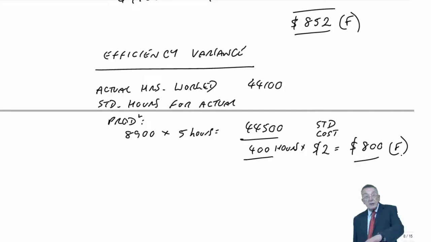And there we are. The two together is 1652. I'm not going to wind back, but that's what we had as the total variance in the last lecture. But efficiency, it's exactly the same for labour and variable. For labour, it was 400 hours at standard cost of $5. For variable overheads, it's 400 hours at a standard cost of $2.